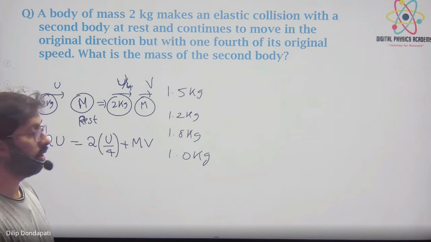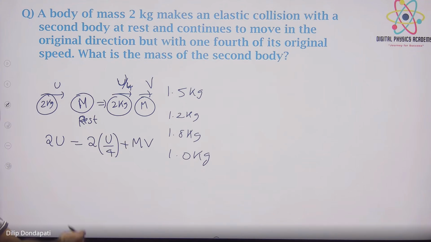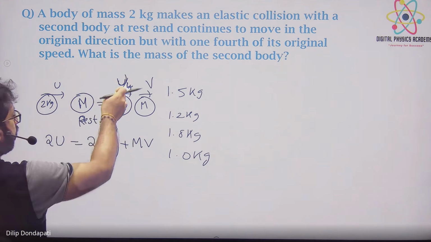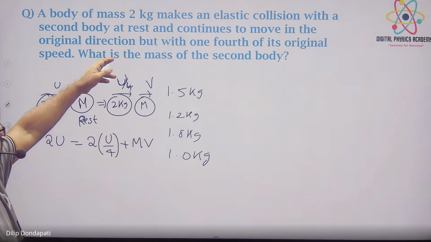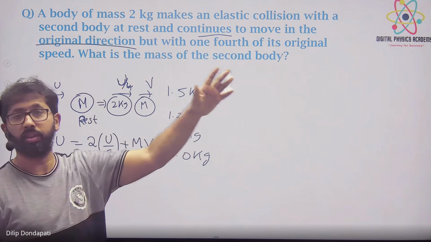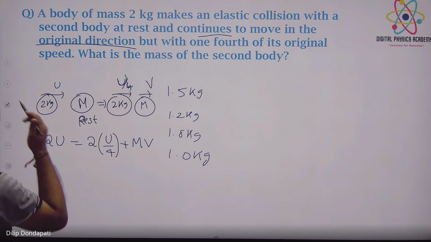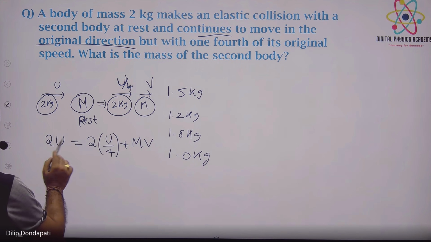So shouldn't it be minus U by 4? Look, it is going in the same direction, right? U by 4. He told it continues to move in the original direction, so it's going in the same direction only, no minus. So mass times velocity here, mass times velocity here.